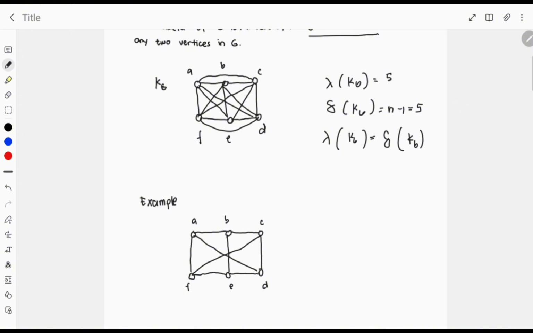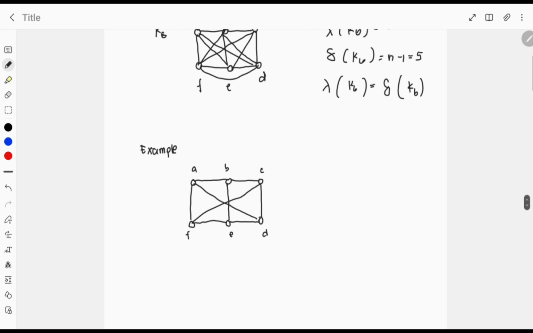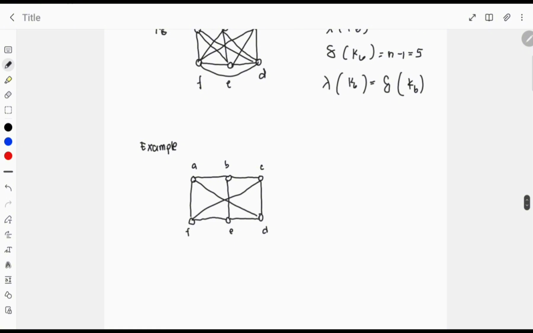Since the diameter of G is equal to 2, any two vertices in G are either adjacent or can be reached by a path of 2 edges. So A to B is 1, but A to C is 2. A to D is 1, but A to E is 2. The same with B, C, D, and E.